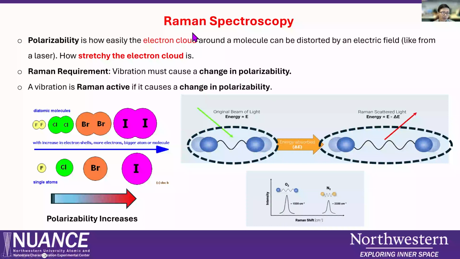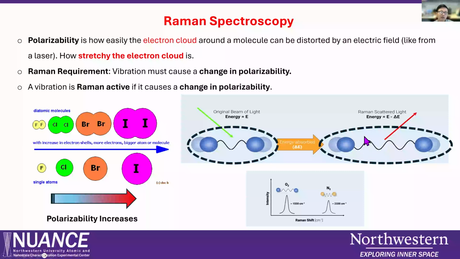So for Raman, we don't just detect which one is easy, but how it changes. Take a chemical bond: before, the electron cloud looks like this, and after stretching it changes to this. The electron cloud is easier to distort and change because it is elongated compared to before. So the polarizability is changed.